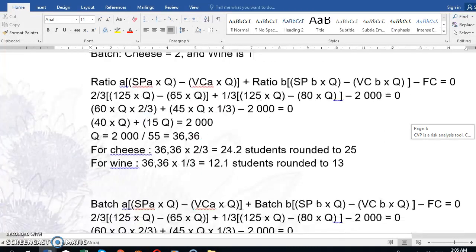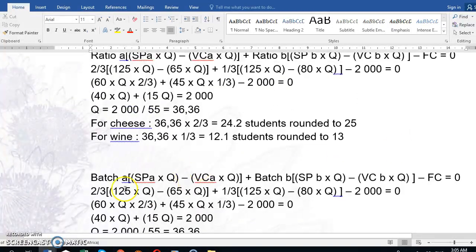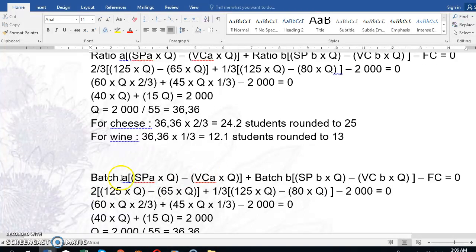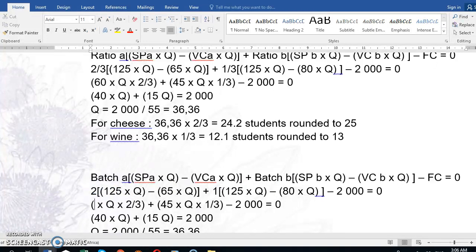So cheese is 2, wine is 1. In front of this bracket I'm going to put 2, and in front of that bracket I'm going to put 1.